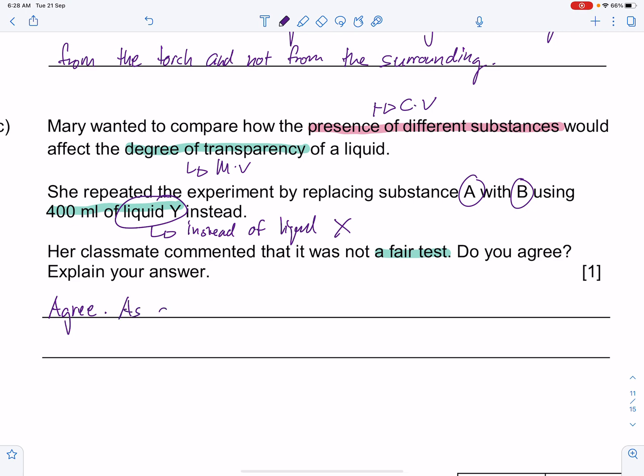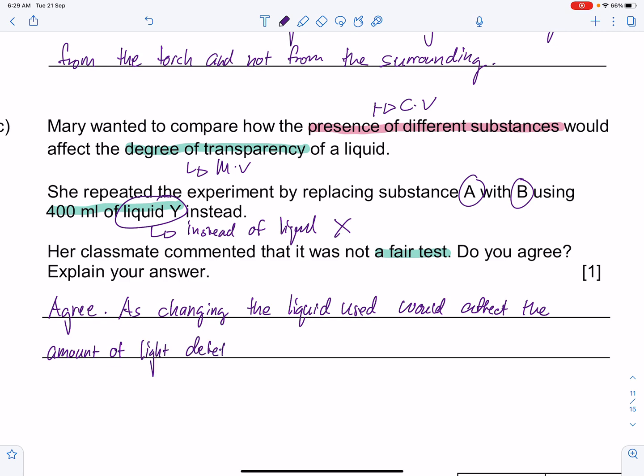So how would the answer look like? Agree as changing the liquid used would affect the amount of light detected by the light sensor.